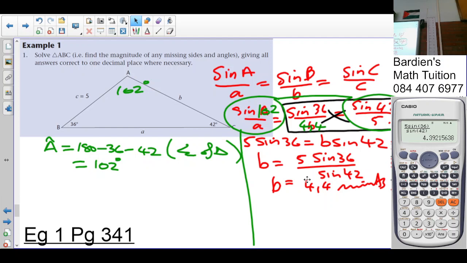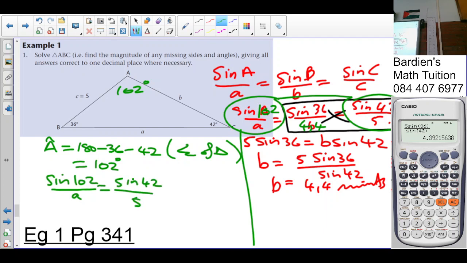Okay, so this should simply be sine 102 over A is equal to sine 42 over 5. Cross multiply. It will be 5 sine 102 is equal to A sine 42.